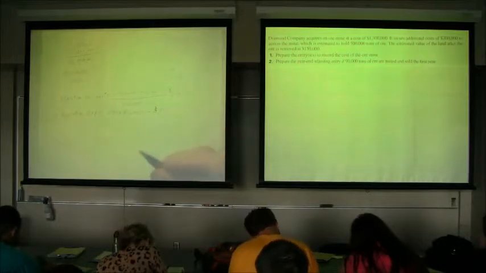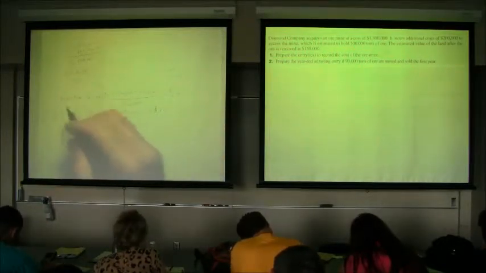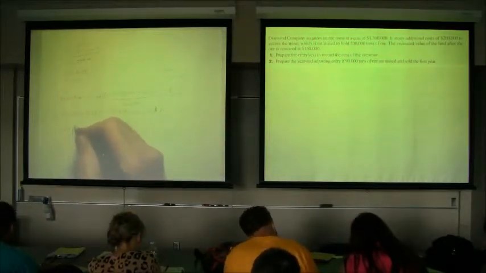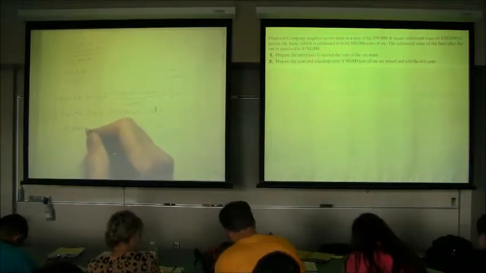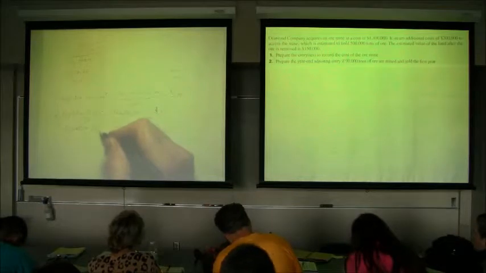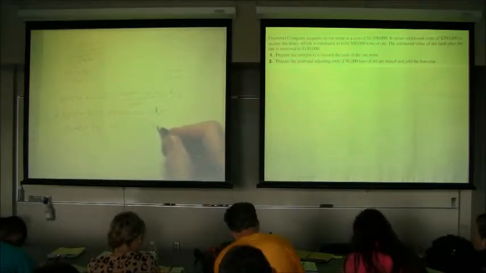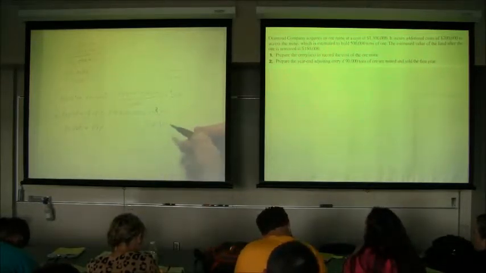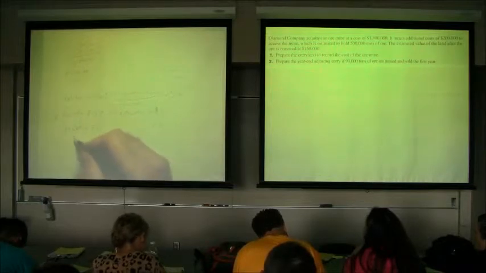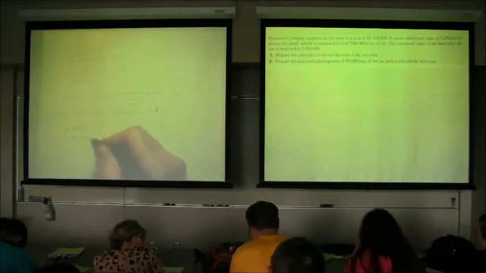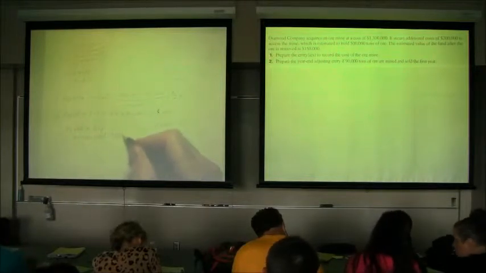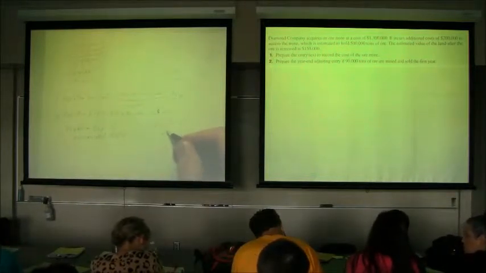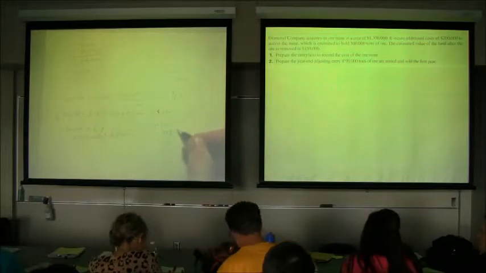Then the journal entry for that will be depletion expense debited for $243,000, and accumulated depletion credited for $243,000.